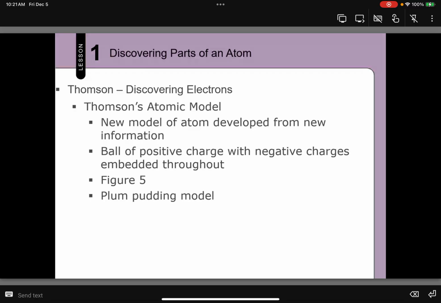So the cookie itself is the positively charged particles, and the chocolate chips are the negatively charged particles. Okay, makes more sense when we look at it that way, right? A positively charged ball or sphere with negatively charged particles embedded throughout. Yes. And like I said, I like to say it's a chocolate chip cookie because you guys can relate to that more than you can to the plum pudding model, right?